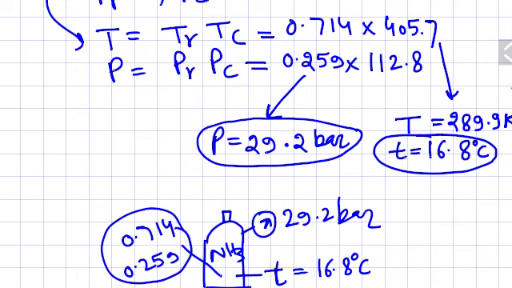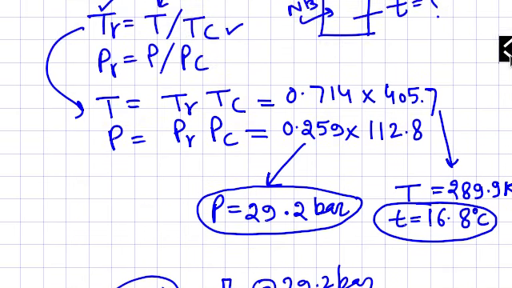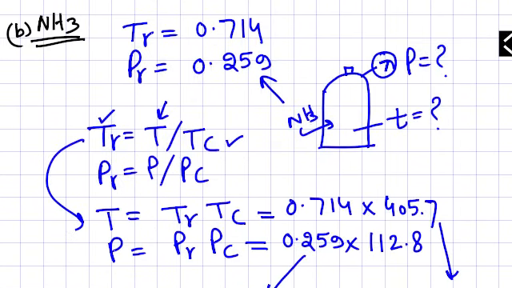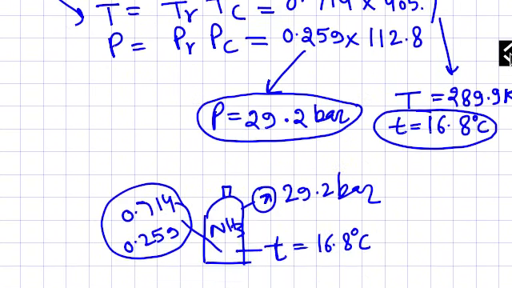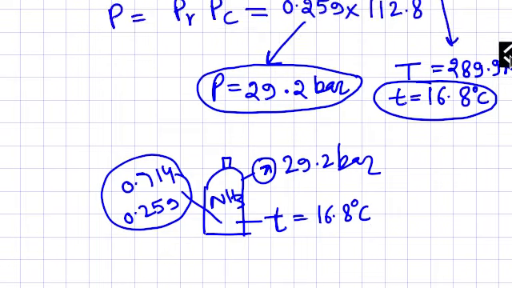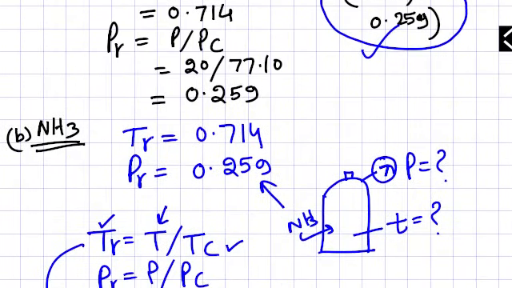You can represent this ammonia gas the same way, and the chlorine gas also. So in these two cylinders, although there are different gases, the reduced states of both fluids are the same, as you can see.